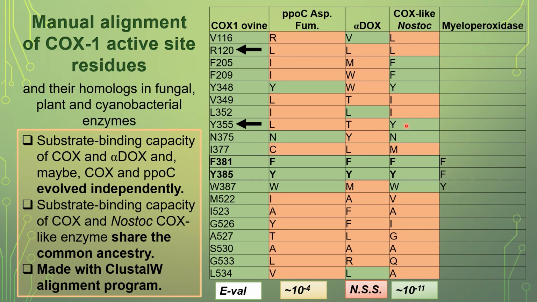You can see that in the cyclooxygenase-like enzyme of cyanobacteria, one of these residues is conserved, and it leads to an assumption that the common ancestor of cyanobacterial cyclooxygenase-like enzymes and our cyclooxygenases could already bind fatty acids as substrates.